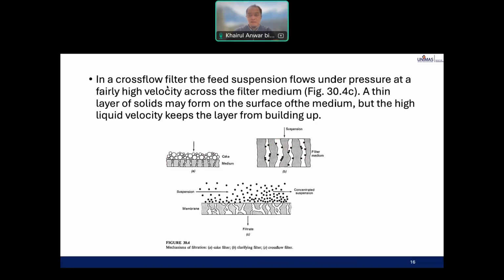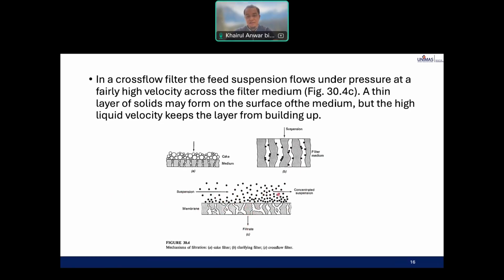So in a crossflow filter, what happens here? The water passes parallel to the membrane. So here the concentration is lower, since we can filter the water or the targeted particle or material.